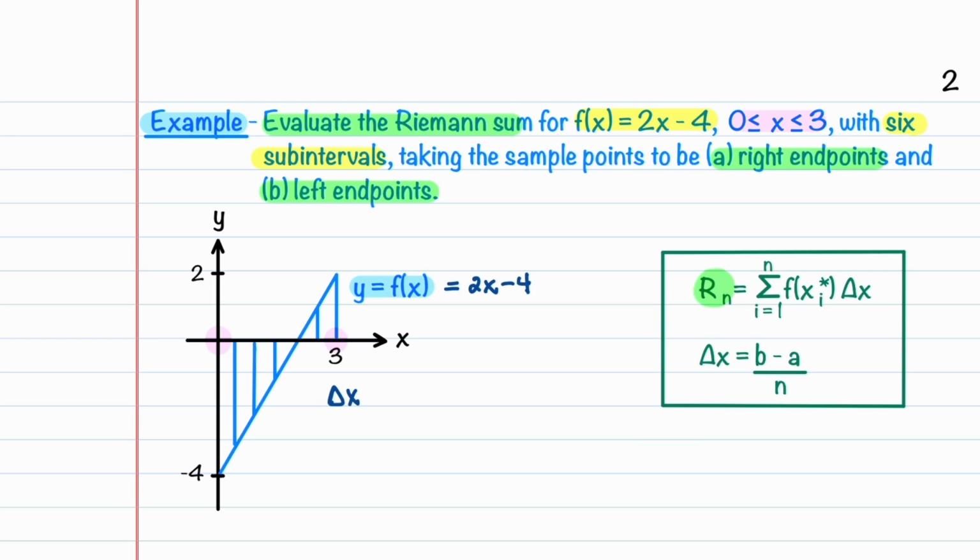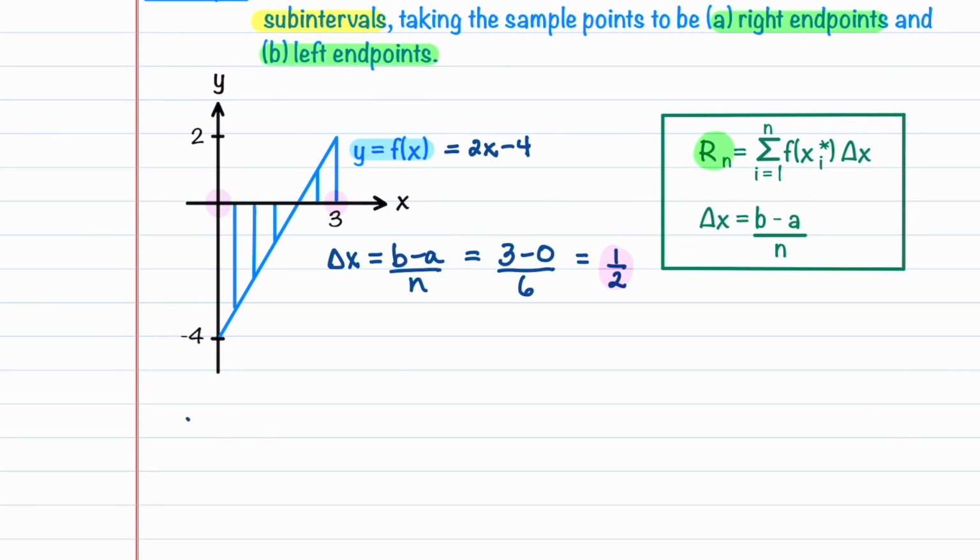Our delta x is equal to b minus a all divided by n. So this is just 3 minus 0 divided by n, which is our number of intervals. And in this example, we have 6, so we're going to divide it by 6, and we get a value of 1/2. I'm going to highlight that because we're going to need that in a minute.